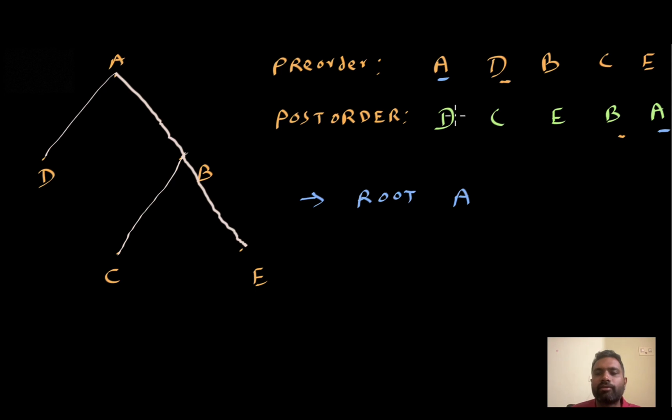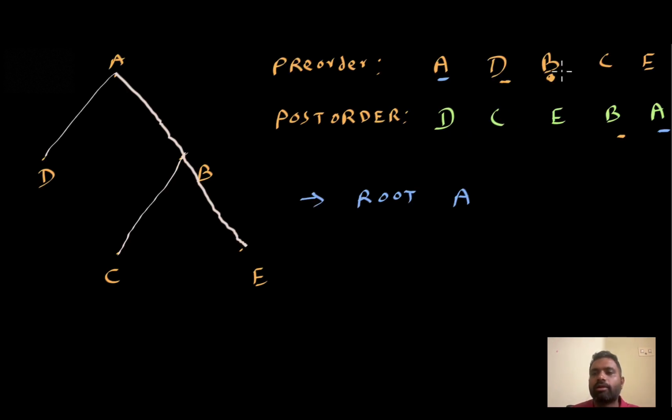So what we can do is take B and identify the index where it is coming in the preorder. So it is coming at the third index. From that, the entire traversal will be the preorder traversal of the right subtree.